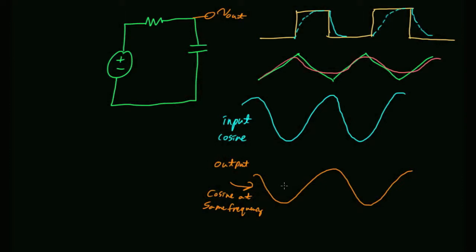That's a really fundamental property of circuits. The only difference is that your output cosine has the same frequency, but it'll have a different amplitude.